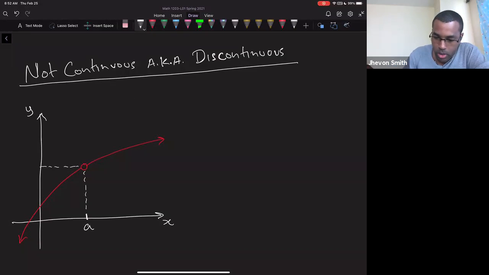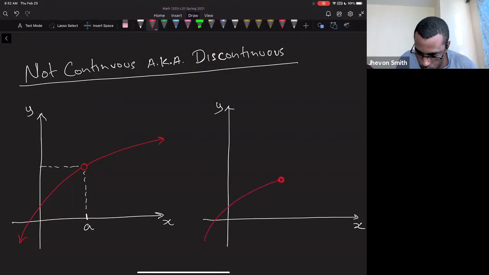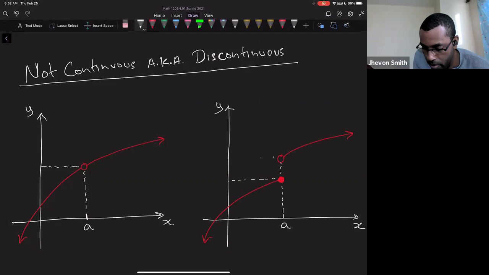So here's another one. Again, notice that at A, I can't just keep drawing.